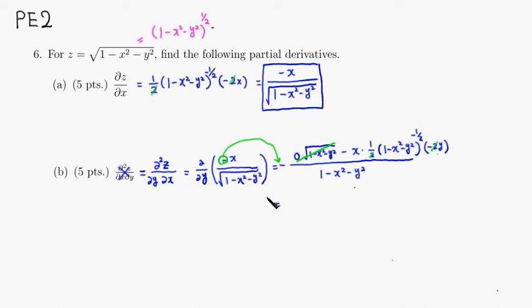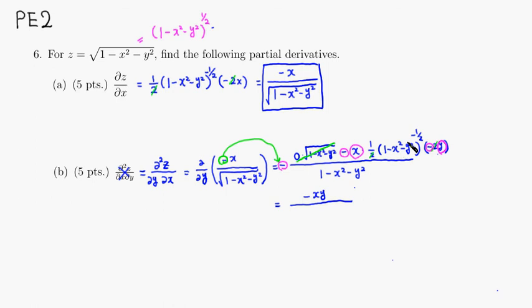What stays on top? There's a negative sign here, and another negative sign here, so overall it's going to be negative. Then you have x here, and also y, so negative xy over.